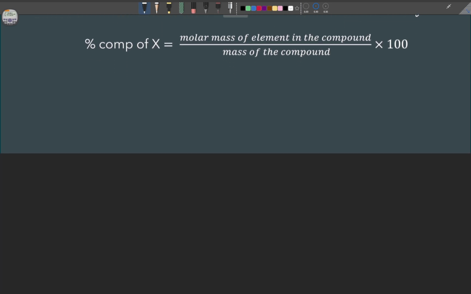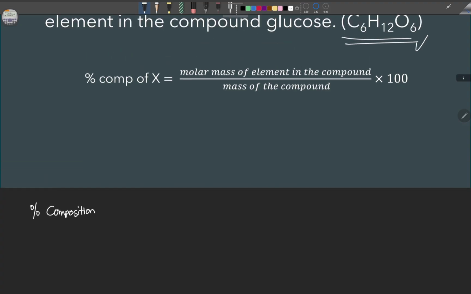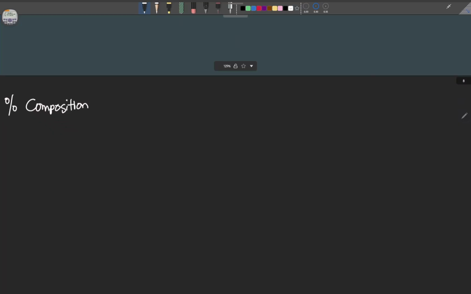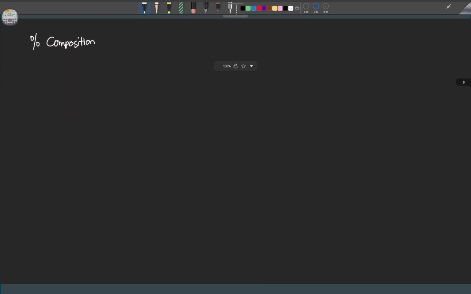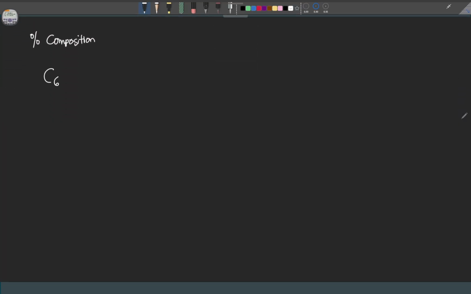So let's find first the percent composition. We have C6H12O6. We find first the molar mass. So C, H, and then O. We have 6, 12, and then 6.